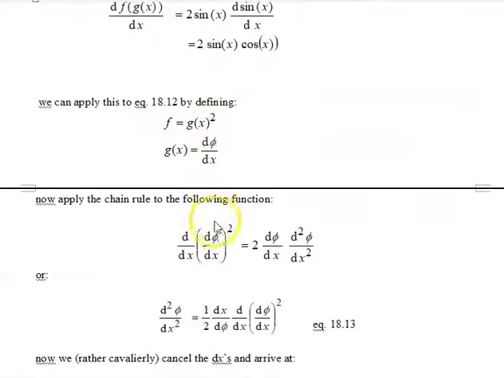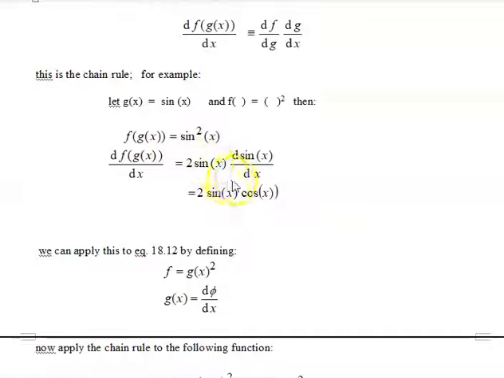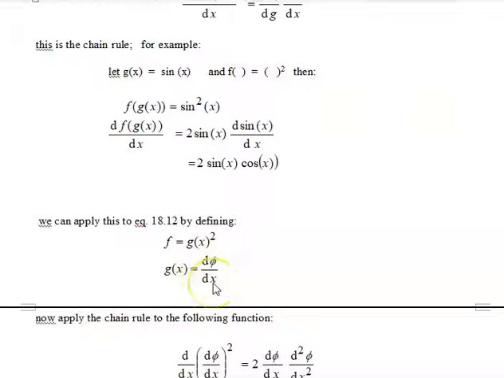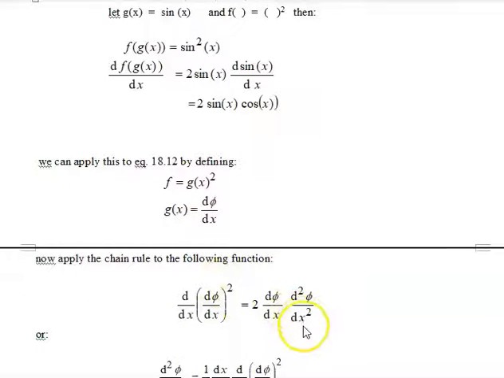They say, let's consider this guy right here. And we do exactly what we did here. We take the derivative of this, which is 2 times the function. This is the function g. We bring down the 2, write the function g, and then we take the derivative of d phi dx with respect to x. Exactly what we did here, except instead of sine, we now have d phi dx, and if we take the derivative of d phi dx with respect to x, we get the second derivative.